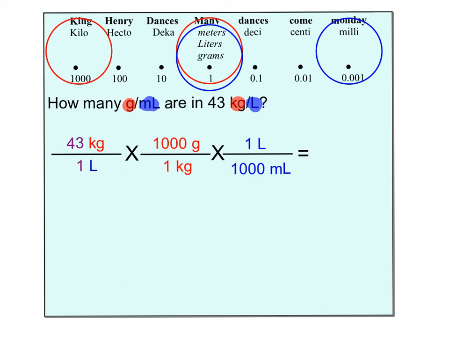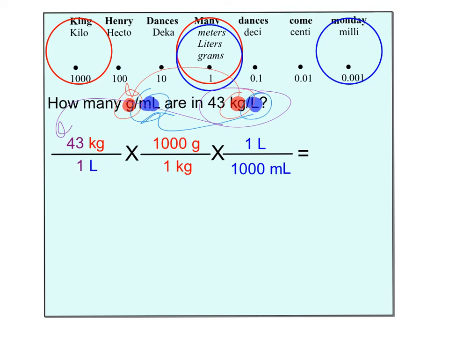So we're going to do 2 conversions, but in the same problem. We're going to convert kilograms to grams, or top to top. And then we're going to convert liters to milliliters, or bottom to bottom. First step is always the same. Take what I gave you, put it over 1.